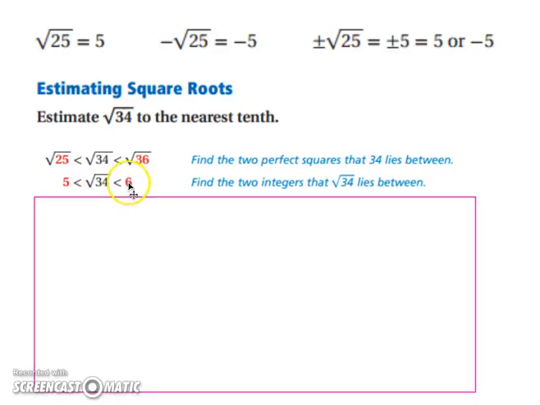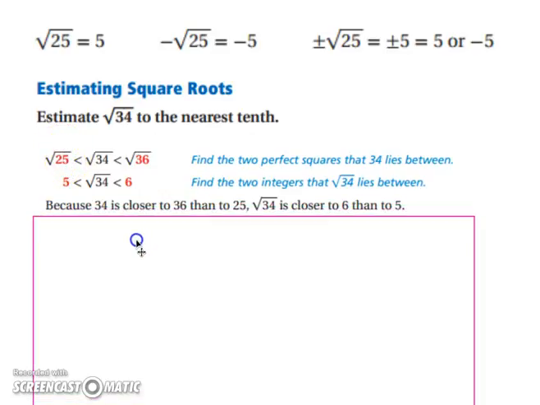Your next step is to look at which direction it's closer to. Is the square root of 34 closer to 36, or is it closer to 25? Well, because 34 is closer to 36 than 25, that means it's closer to 6 than 5.